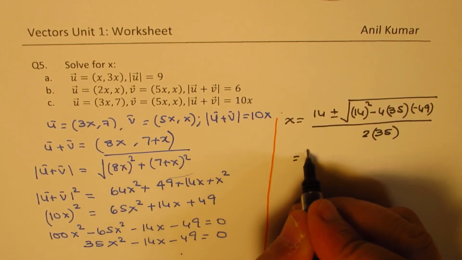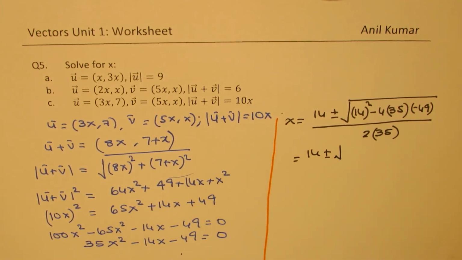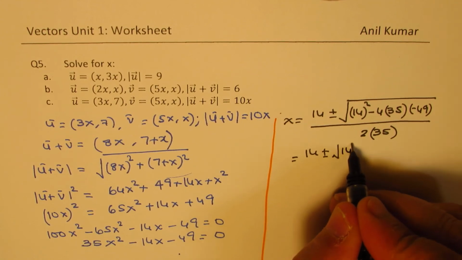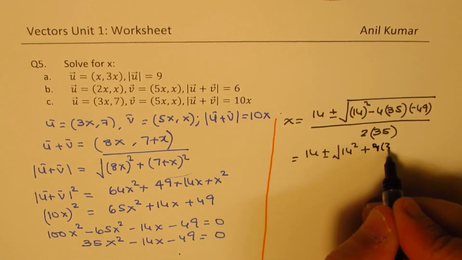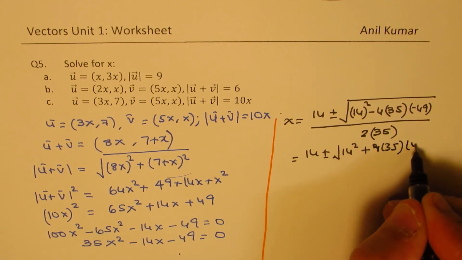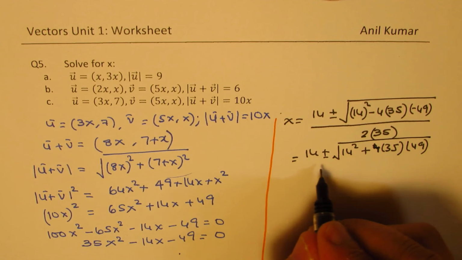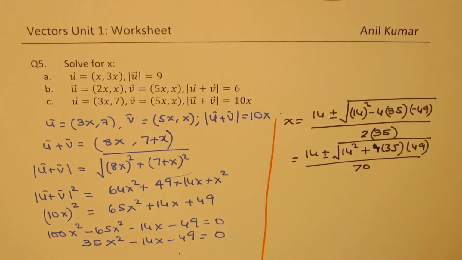So we get the value of x as 14 plus minus square root of 14 square plus 4 times 35 times 49, right? That minus minus, over 70. Let's calculate this using a calculator.